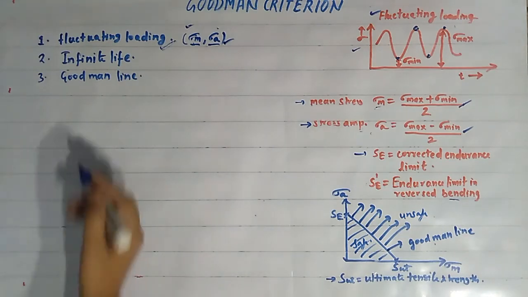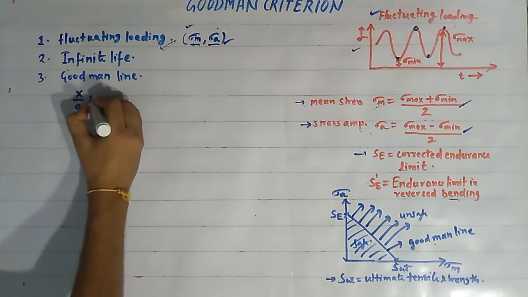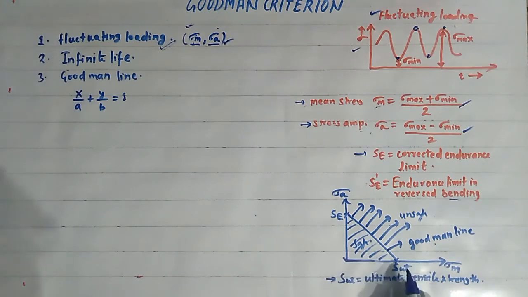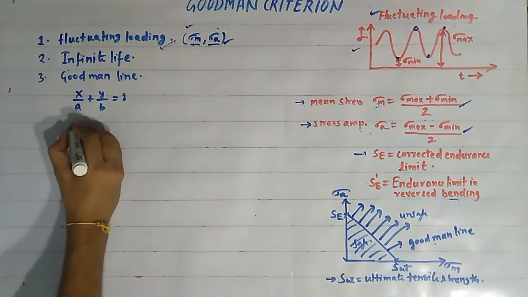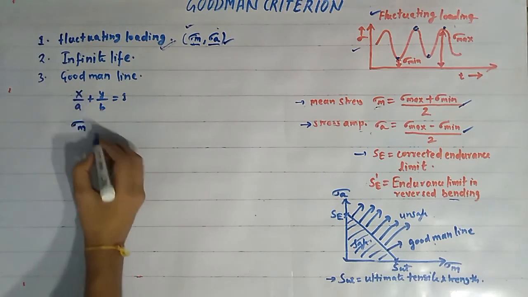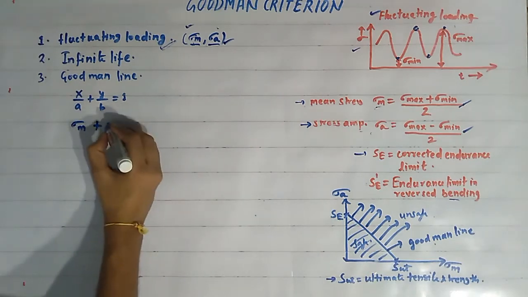Now friends, we know that the equation of a line can be written in the form x by a plus y by b is equal to 1 for a line making intercepts on the sigma m axis and the sigma a axis. We can write sigma m in place of x and sigma a in place of y.